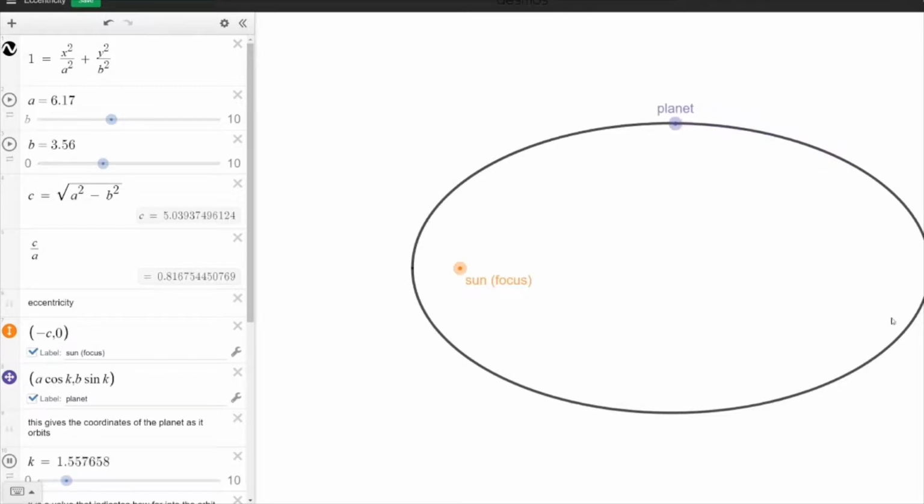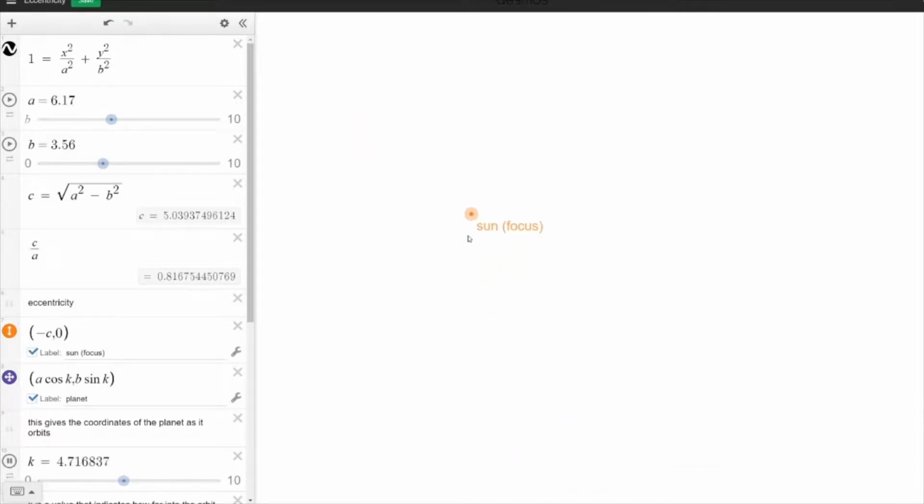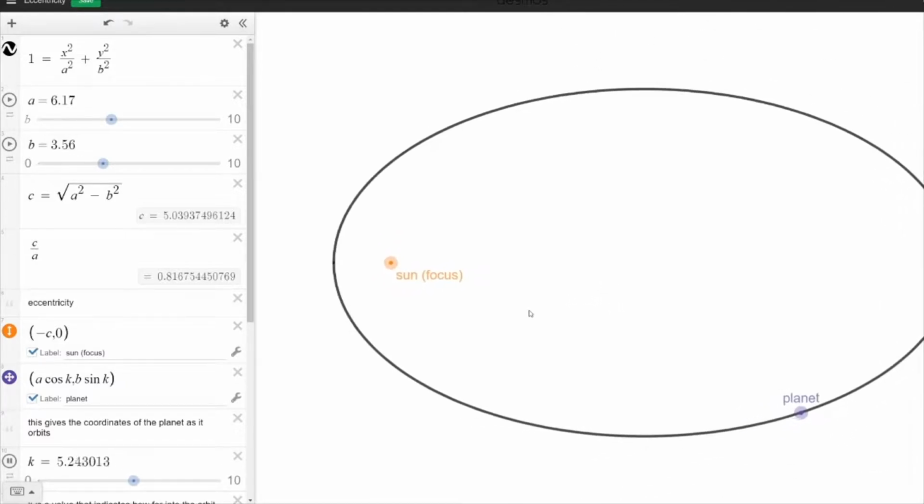I've got some planet rotating around the sun with certain A values and B values, and my eccentricity is constantly being calculated right here. Really the focus would be the center of mass between the sun and the planet, but the sun is such a large mass compared to the planet that we can say the sun basically is the focus. It's more like the focus would be just a little off towards the planet, but this is a good enough approximation.